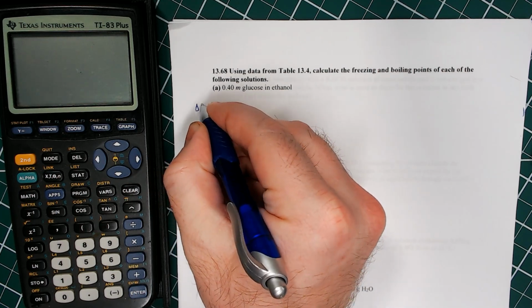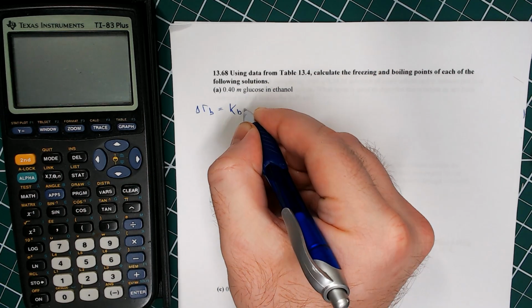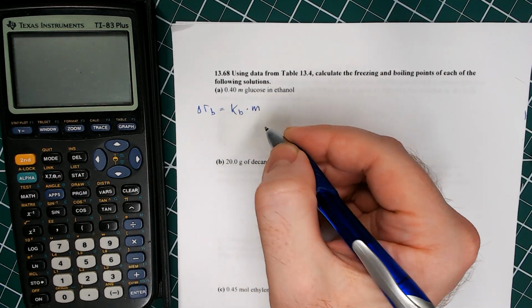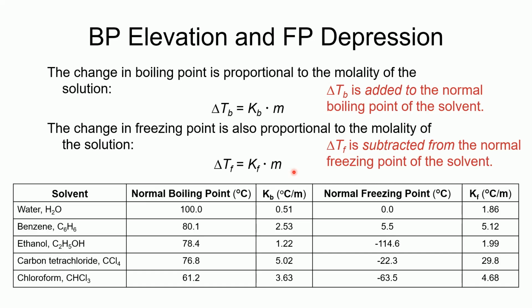So delta Tb is equal to Kb times the molality.